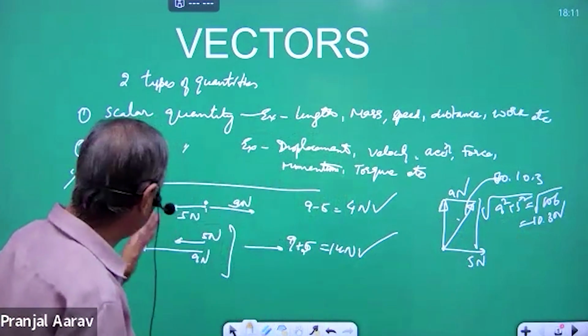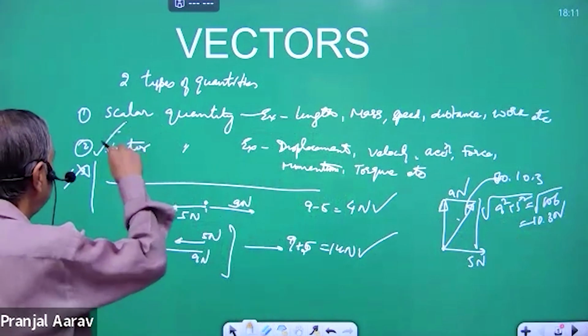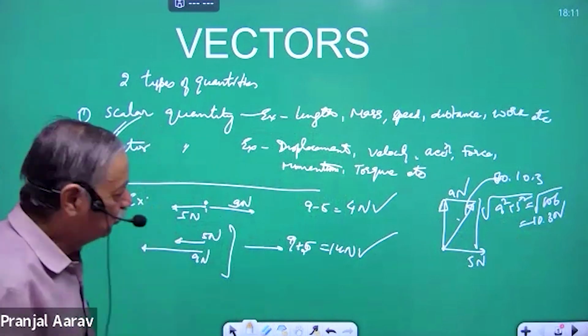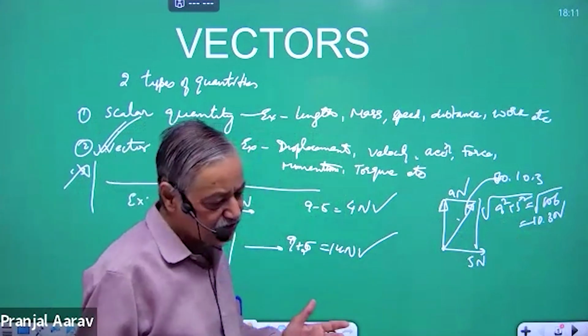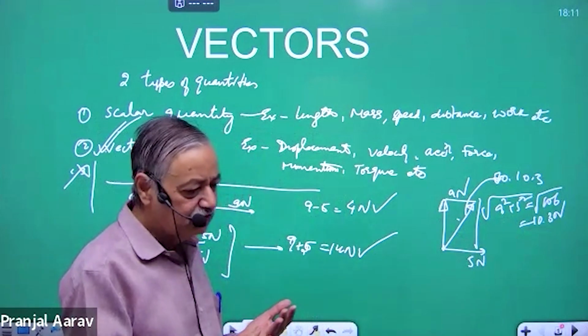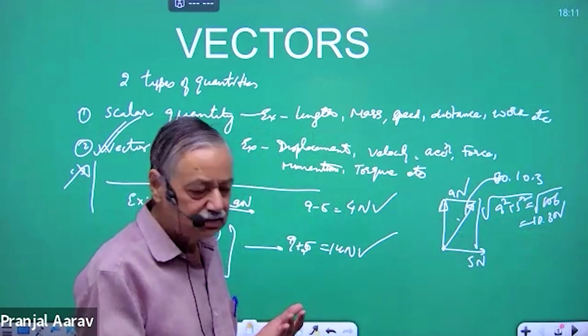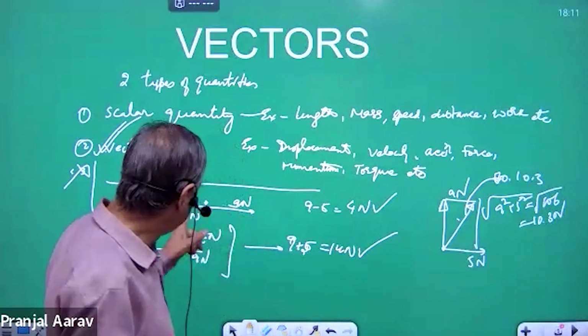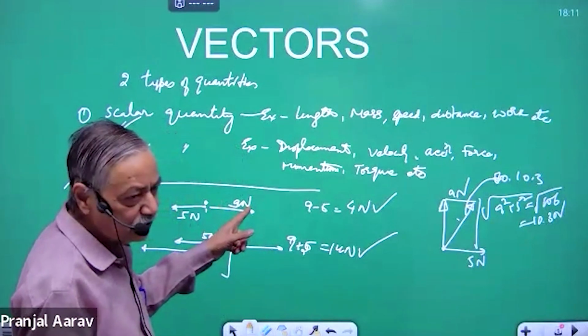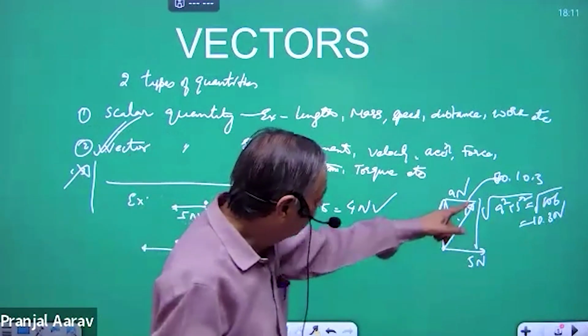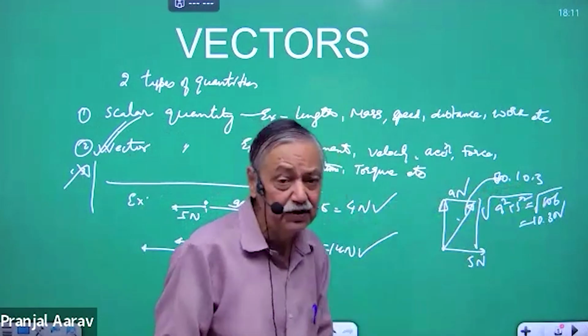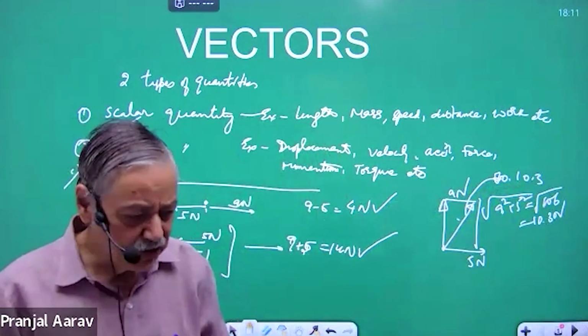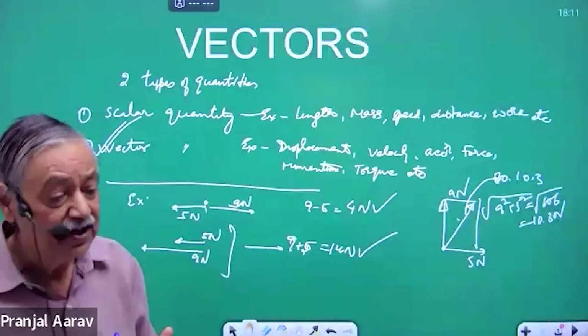We are going to study vector quantities. So before that, I have told you what are the vector quantities. Vector quantities have numerical value. Like this has numerical value 5 Newton, this has numerical value 9 Newton. This force has numerical value 10.3 Newton. So the first is the numerical value and the second is direction.